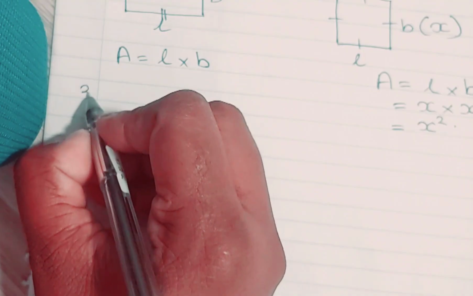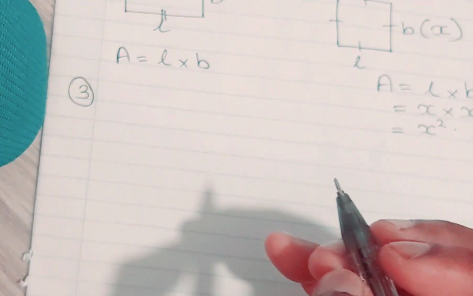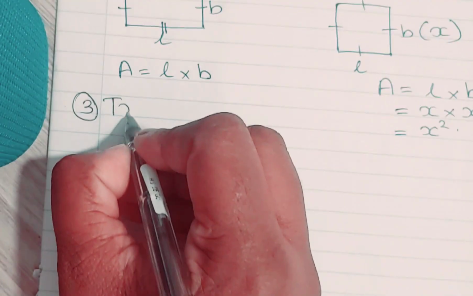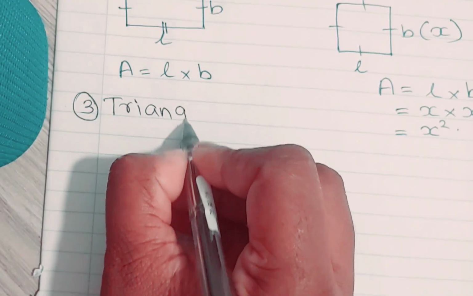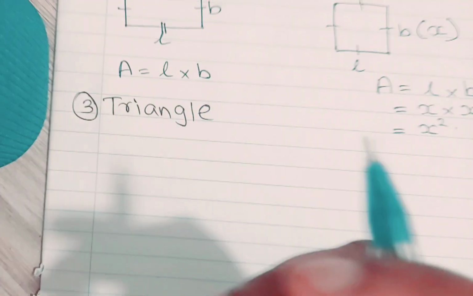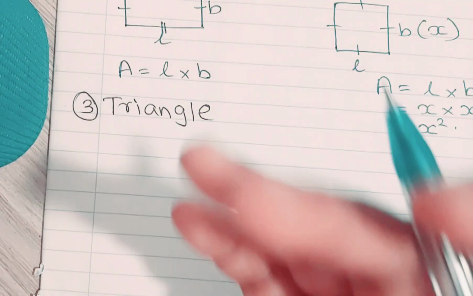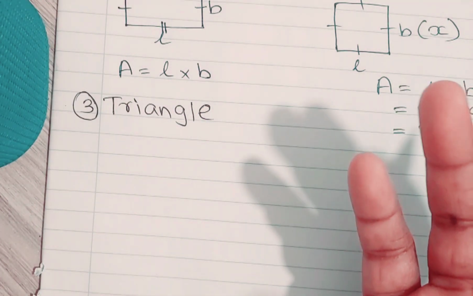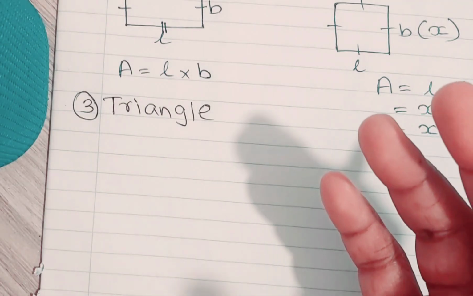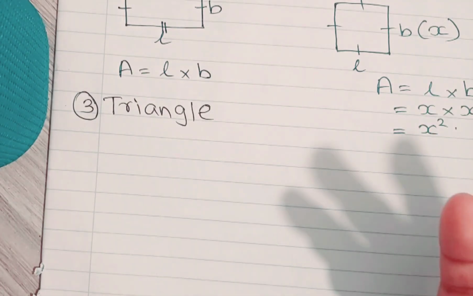We have to study the third figure, that is triangle, right? We studied that there are so many triangles in mathematics: the equilateral triangle, isosceles triangle, scalene triangle, and also right angle triangle, acute angle triangle, obtuse angle triangle.